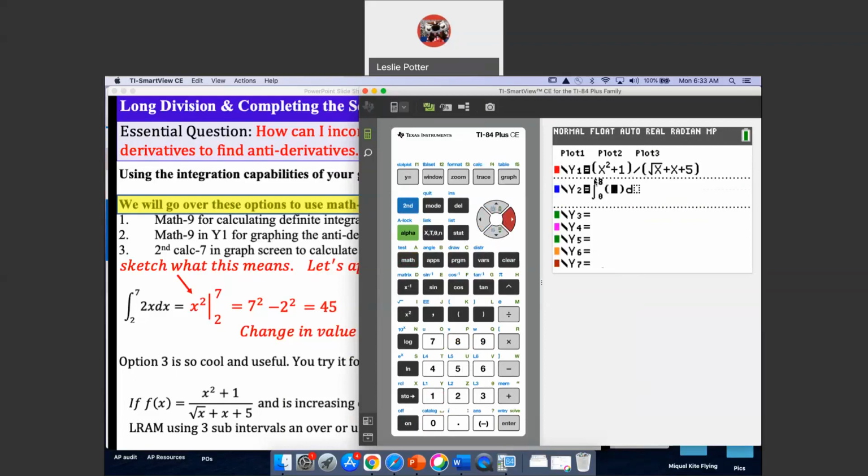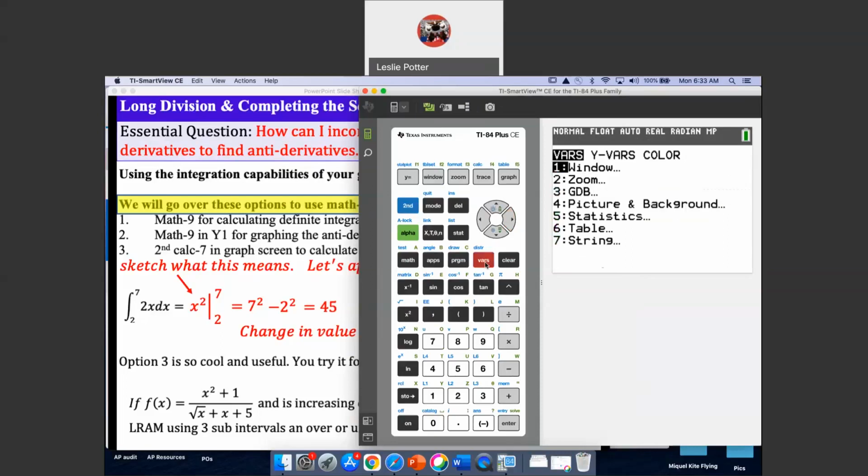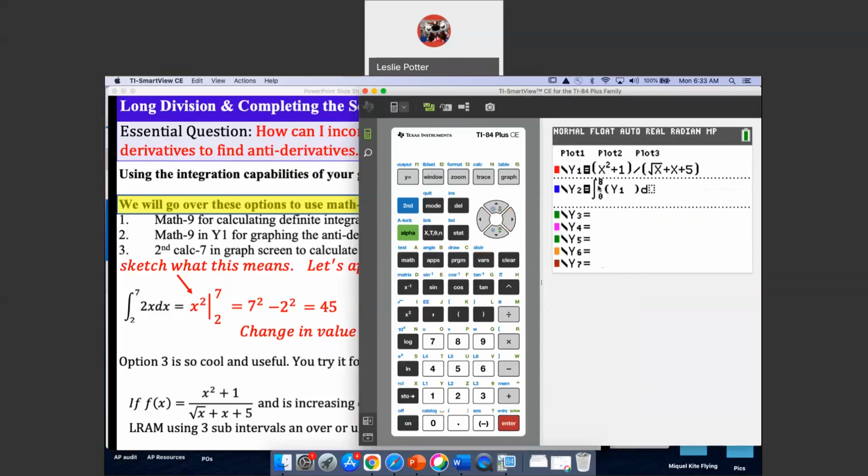So I want to see the antiderivative. So I don't have to type this whole thing in. This is kind of cool. I can use something called the vars key. And I go vars, and then I arrow to the right. I go right vars and function. So I'm going to hit enter, and I'm going to grab y1, and it just sticks y1 right in there. It's like a substitution key, and then x.